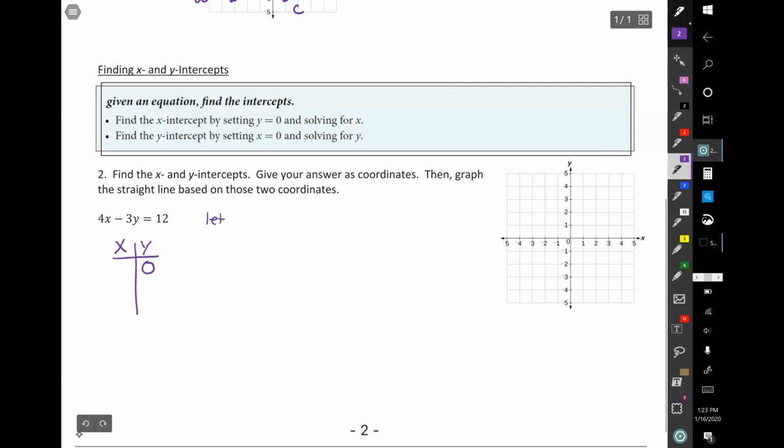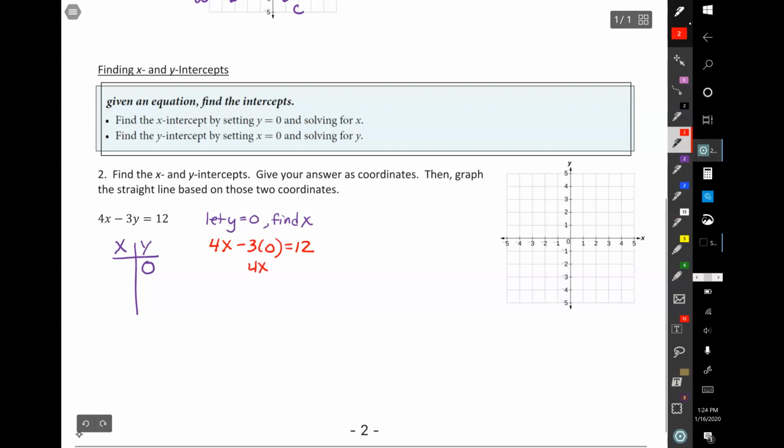So let y equal 0 and then find x. So I'm going to plug that in for y. So I have 4x minus 3 times 0 equals 12. And now I'm going to solve for x.